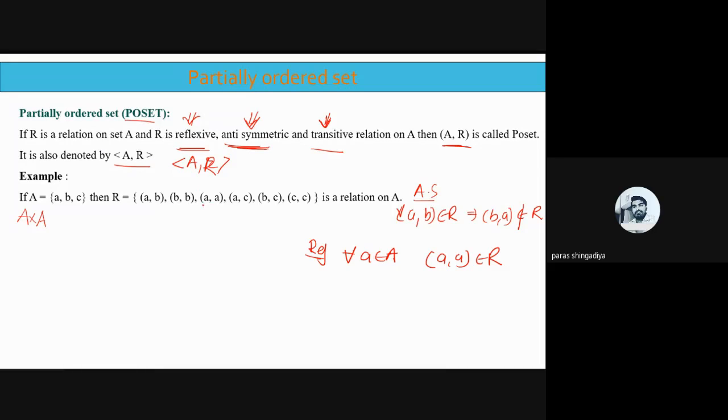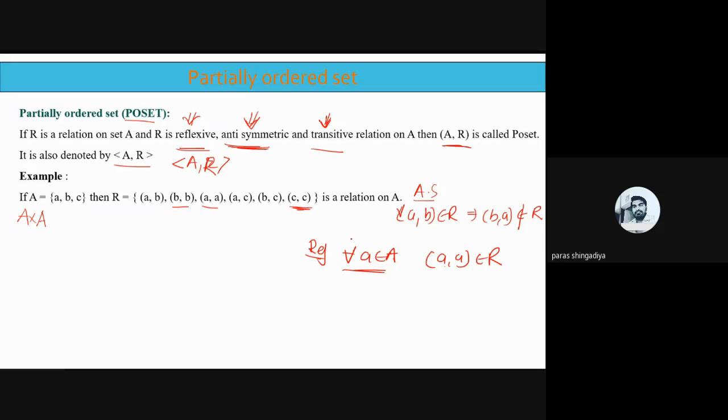Here (a, a) exists, (b, b) also exists, and (c, c) also exists, because there are three objects in the given set A. For every object belonging to the given set, (a, a) should belong to R. So here (a, a) belongs to R, (b, b) belongs to R, and (c, c) also exists there.